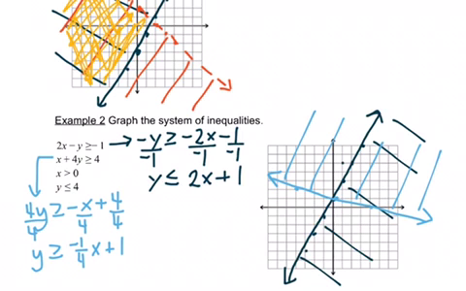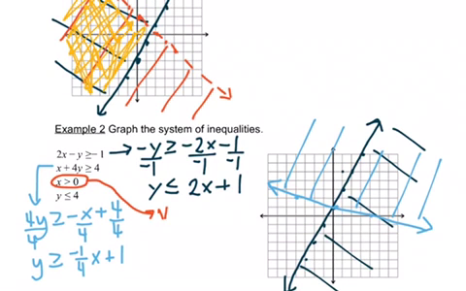But I still have two more equations. I have x is greater than 0. Anytime I have x equals just a number, like this example, it's a vertical line. And it's going to be going through 0 on the x-axis.